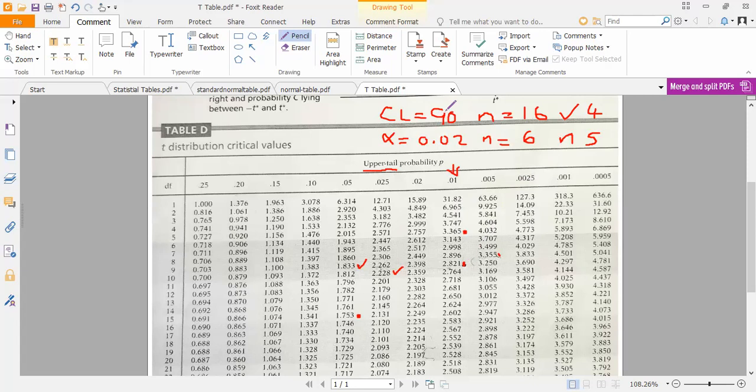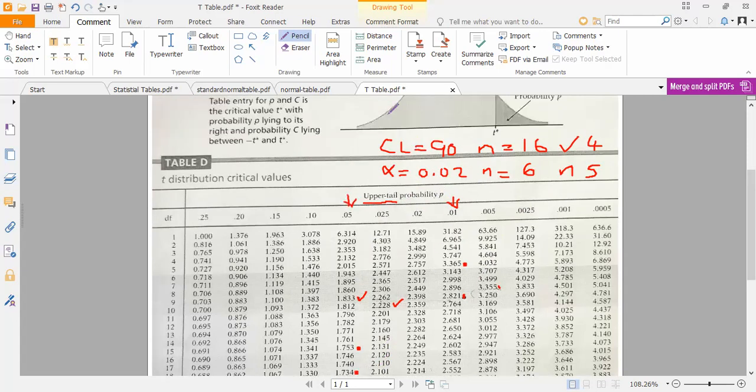Similarly, your alpha here is 0.10. You divide it by 2, 0.05. So we're dealing with this part here. Then you add these 2 and subtract 2. 20 minus 2 is 18. So we go down here, our 18 will be 1.734.